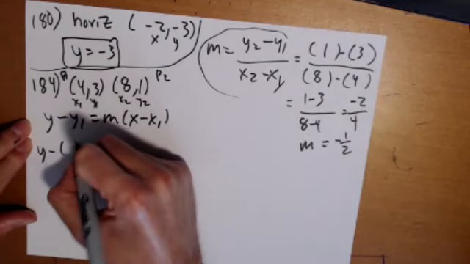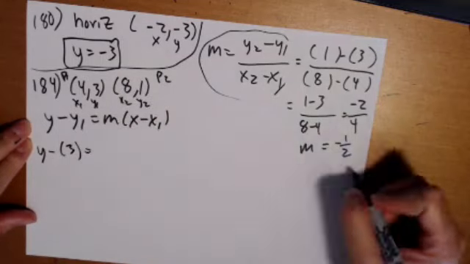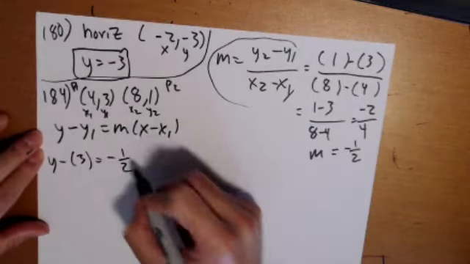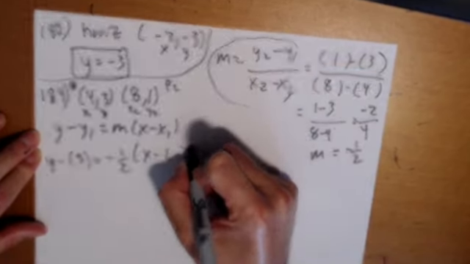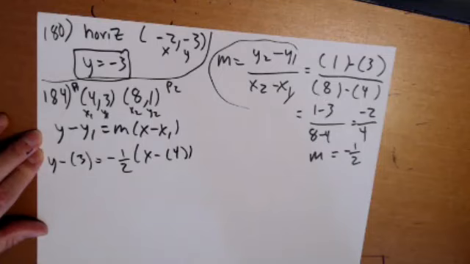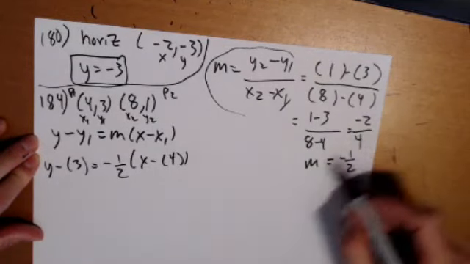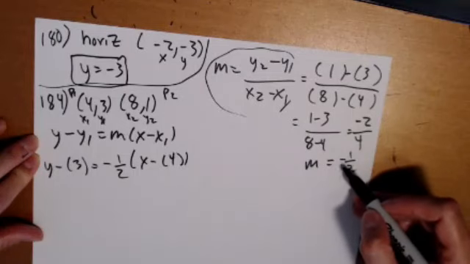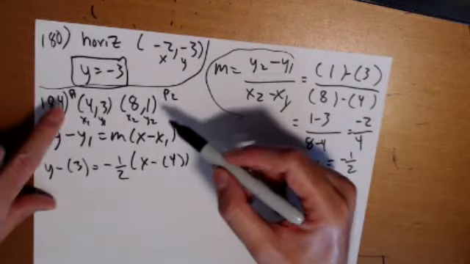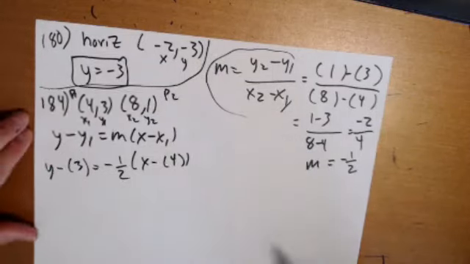Y minus the y, labeled as 3, equals the m, which is -1/2, times x minus the x1, which was 4. So you see how it's just what we were doing before. They just make us do one extra step of solving for slope, and then the tricky idea of picking one of the points, but that's no big deal.